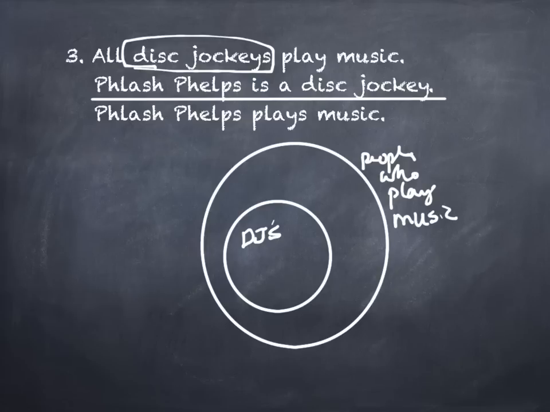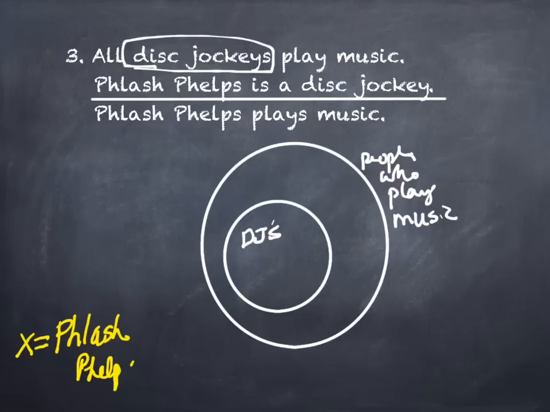All right, next step is what? Flash Phelps. What am I going to do with Flash Phelps, Leah? Place her in the DJ circle. We have to do something before we can place him in there. What do I need to do? Can anybody help her out? We need to label him as X. Okay, so we've got X equals Flash Phelps.